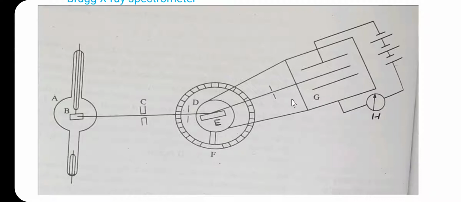Usually G is the detector, and generally an ionization chamber or a Geiger counter is used for the measurement. The ionization chamber is filled with easily ionizable gases like sulfur trioxide or methyl bromide.